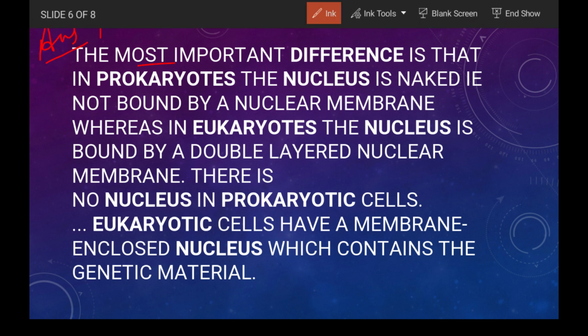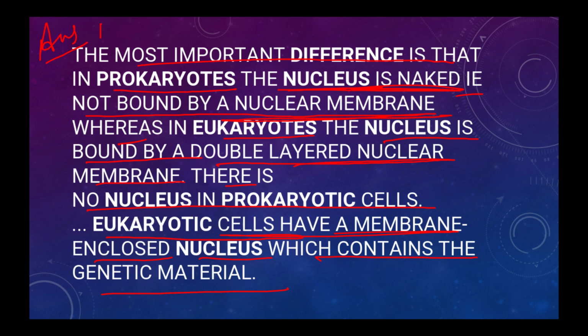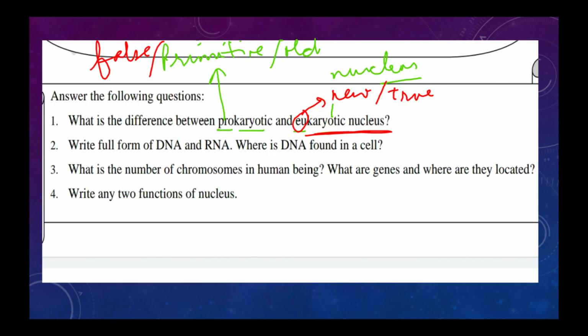Answer 1. The most important difference is that in prokaryotes the nucleus is naked, that is, not bounded by a nuclear membrane, whereas in eukaryotes the nucleus is bounded by a double-layered nuclear membrane. There is no true nucleus in prokaryotic cells, and eukaryotic cells have a membrane-enclosed nucleus which contains all the genetic material. So this was the answer to question number 1.